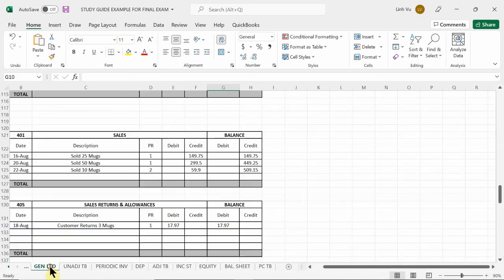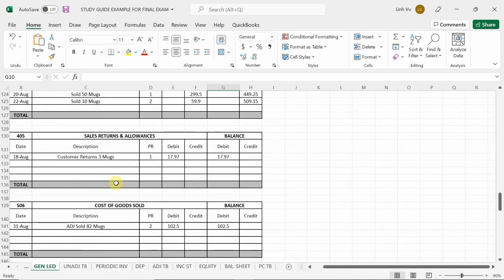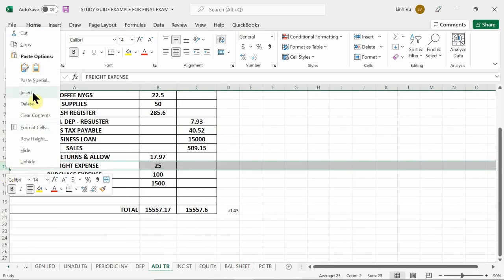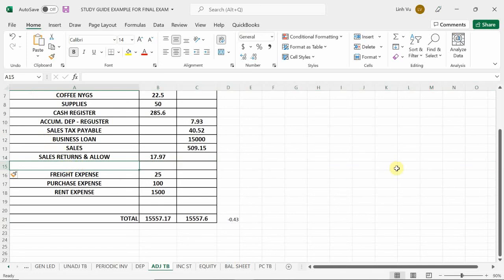Okay, so the next one is sales. Sales is still at 509.15. Sales returns and allowances 17.97. Cost of goods sold is our next one for 102.50. So good, there you go. So I'm going to pop it in here. Okay, insert cost of goods sold for 102.50.